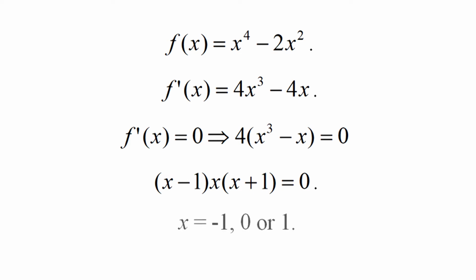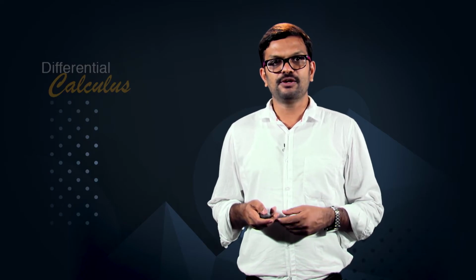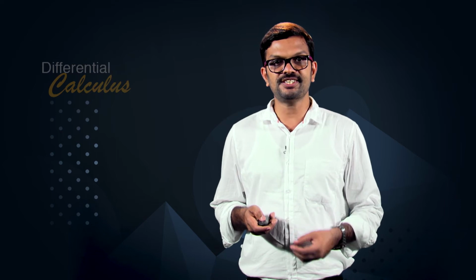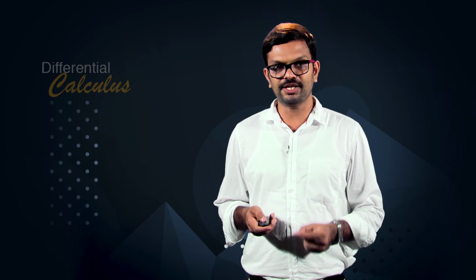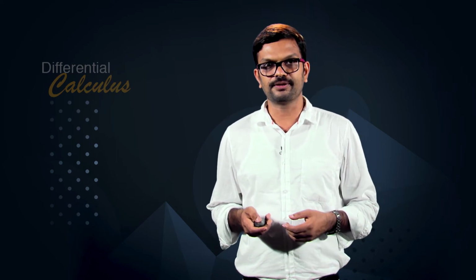Thus, x equal to minus 1, 0 or 1. We note that for no other value of x is f'(x) equal to 0. Thus, it is possible that function f changes its decreasing or increasing nature at minus 1, 0 and 1.